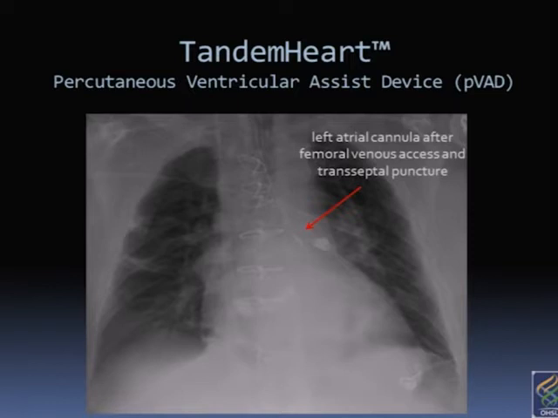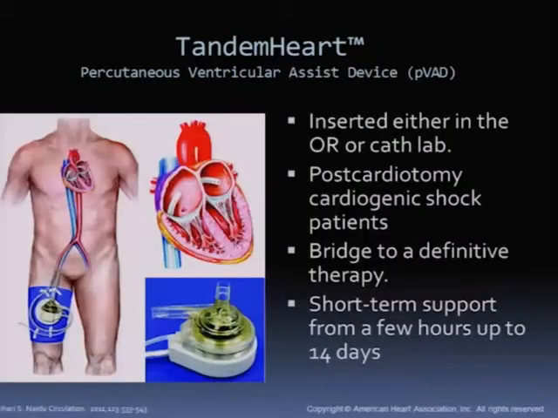The circuit is closed with a right femoral arterial cannula that I'm not depicting here in this slide. This is a schematic that I borrowed from the manufacturers and from a paper in Circulation. This is the actual pump that drives the system. It is a bridging therapy that can be used from a few hours to up to 14 days in patients post-cardiogenic shock.